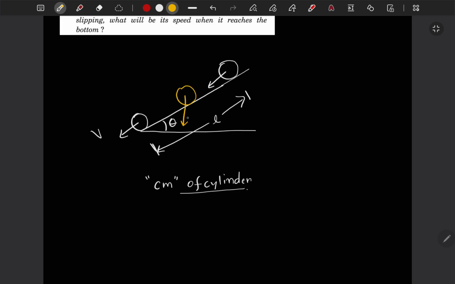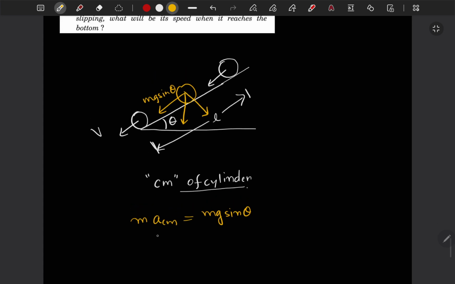It is getting a force mg, and we resolve it into components, so we get mg sine theta in this direction, and this would be equal to m into the acceleration of the center of mass. So we get the acceleration of the center of mass. The cylinder started from rest, so the initial velocity is 0. We have to find the final velocity, and this distance is given. Using kinematics equations, you can get the result.